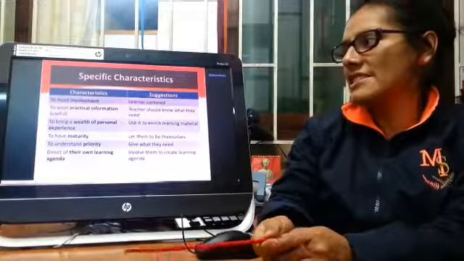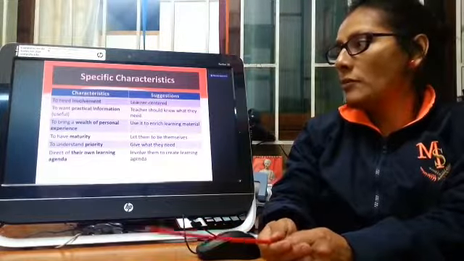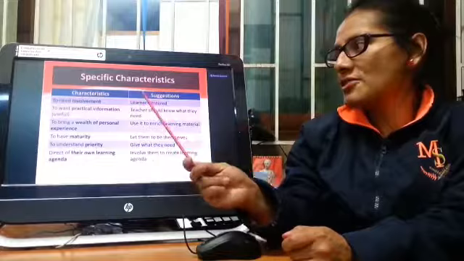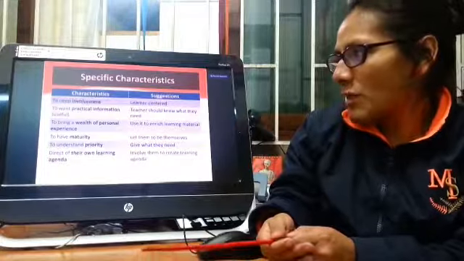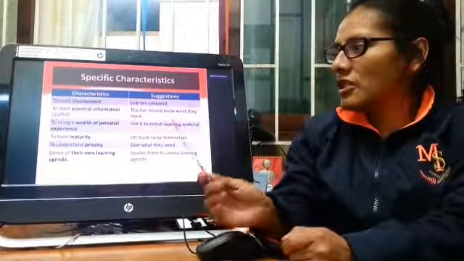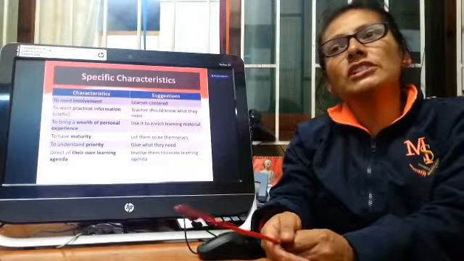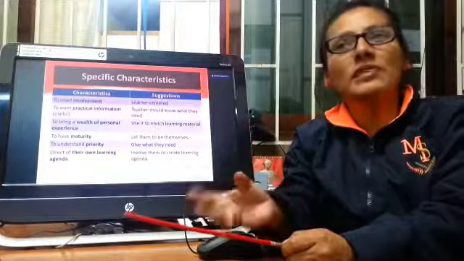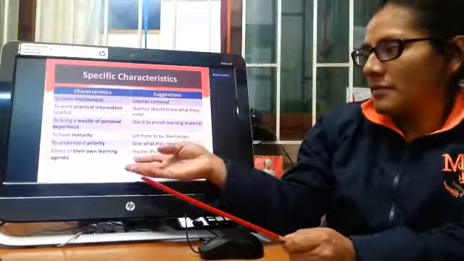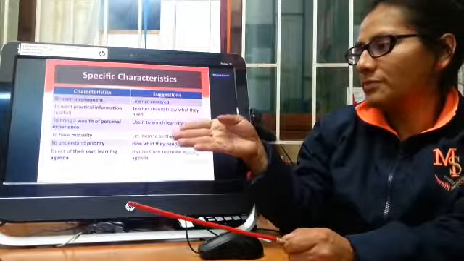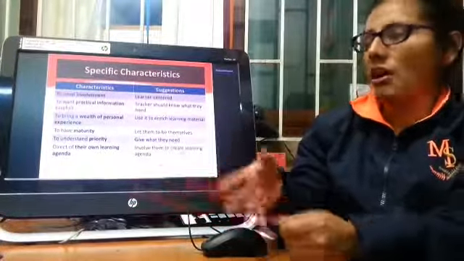A specific characteristic: they need involvement. A suggestion: learning centers. They want practical information; teachers should know what they need. Yes, it's important for the teacher to know what the learner wants to learn because they are self-directed, and that's why the teacher has to be prepared to teach adults with maturity characteristics.